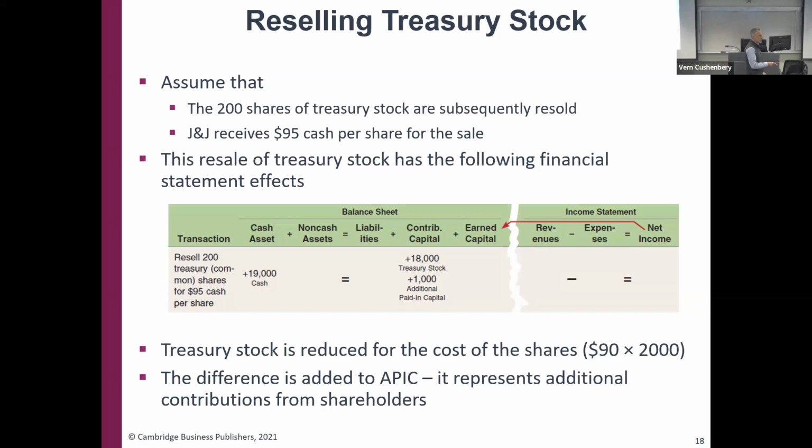They saw that their stock was undervalued, they bought it back. Later, the market realized the same thing, the stock appreciates, and J&J says, great, let's sell it back to the market. They just profited $1,000, and that shows up in the additional paid in capital line item. The $1,000 becomes the plug figure, and in effect, pure profit.